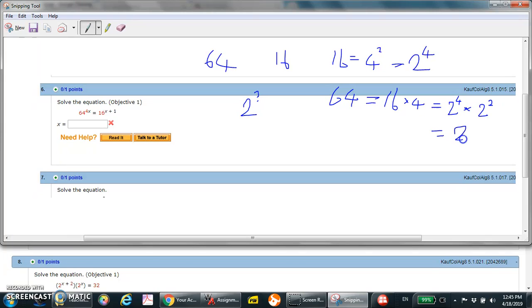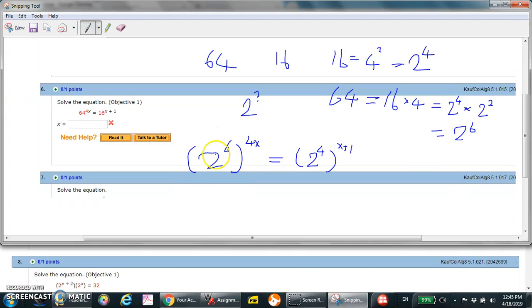So that is 2 to the 6. So we go ahead and write 64 as 2 to the 6 and raise it to the power 4x, and write 16 as 2 to the power 4 and raise it to the power of x plus 1.